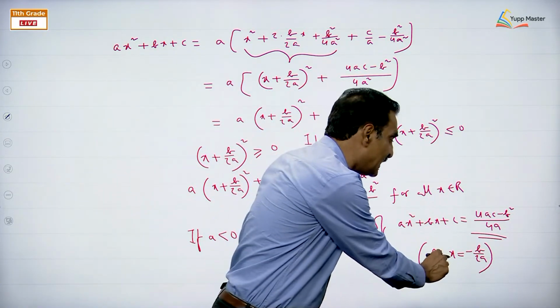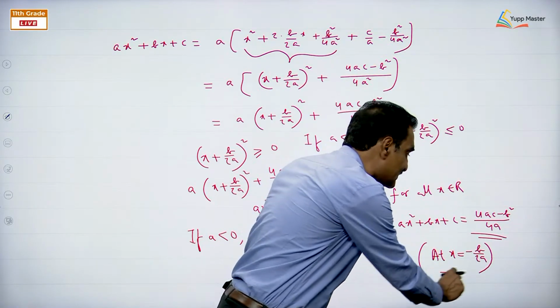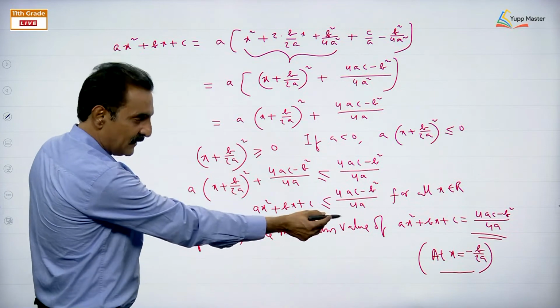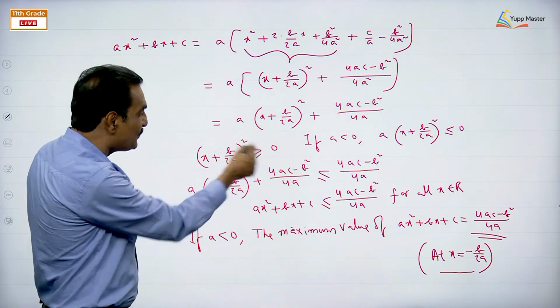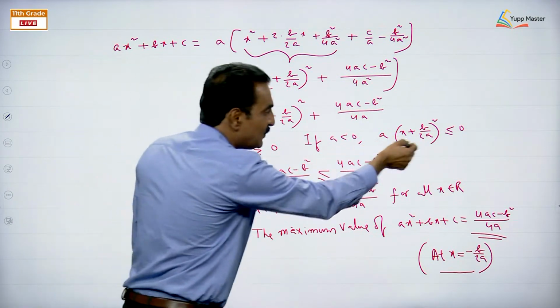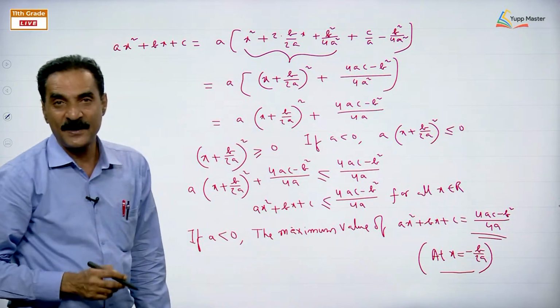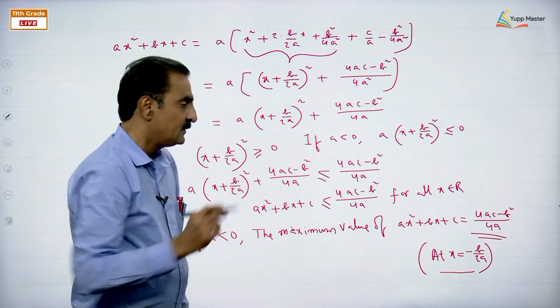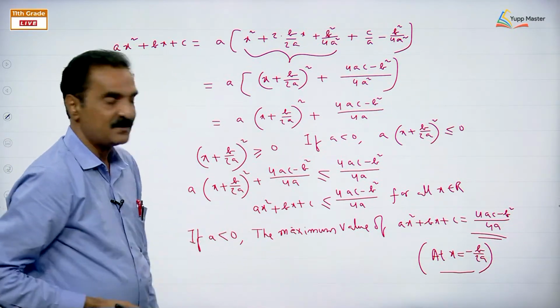And this maximum value also occurs when x is equal to minus b by 2a, because the maximum value occurs when this is equal to 0. This must be equal to 0. For what value of x? X is equal to minus b by 2a. So you can note down these statements.